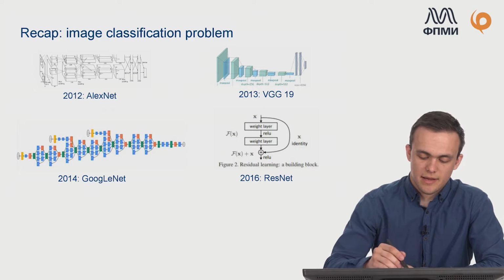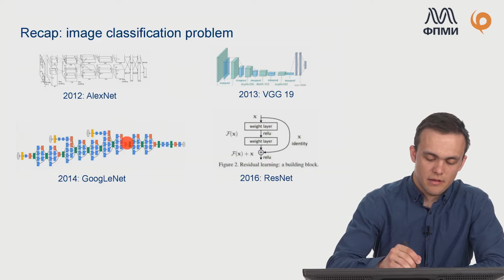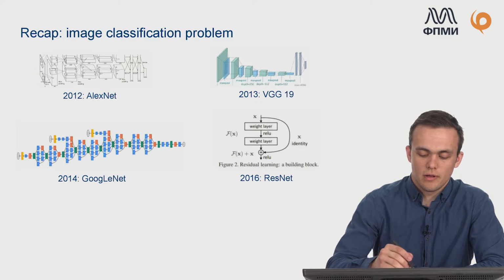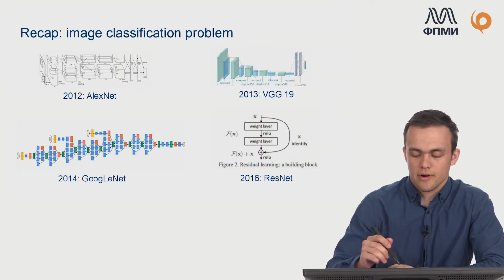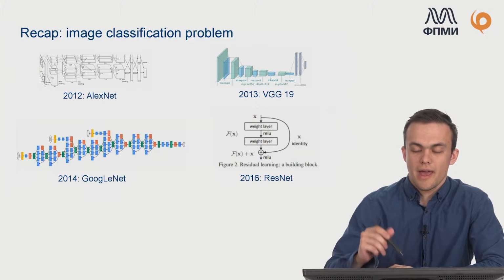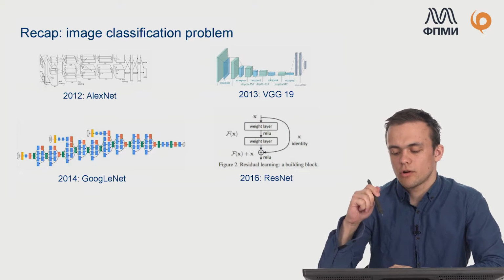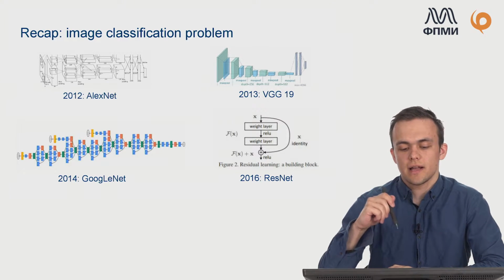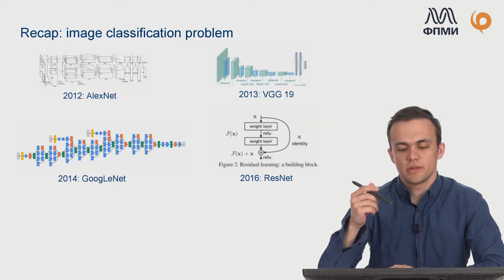So basically, it's like copying values from here and pasting them here. So this part of the network can perceive what the values were here. And this idea of residual connections is highly used in the problem of image segmentation.